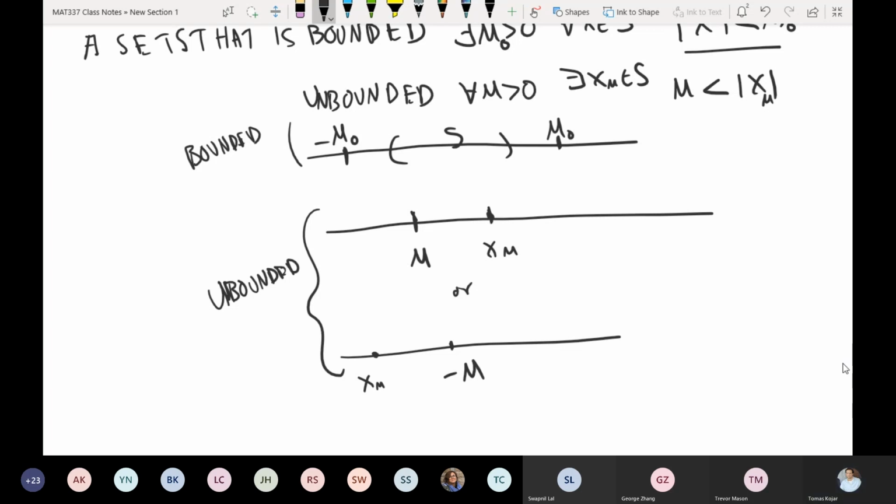Yes, a set must be either bounded or unbounded, but can a set be neither closed nor open? Yeah, the half interval.